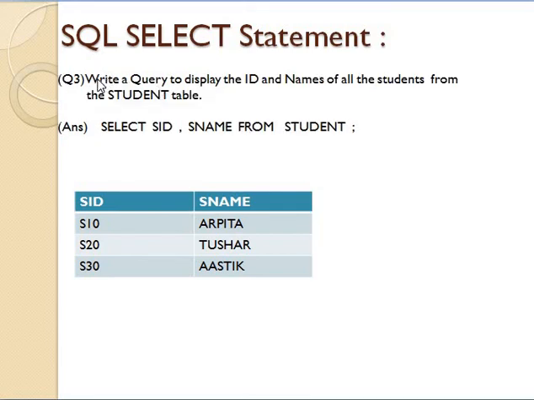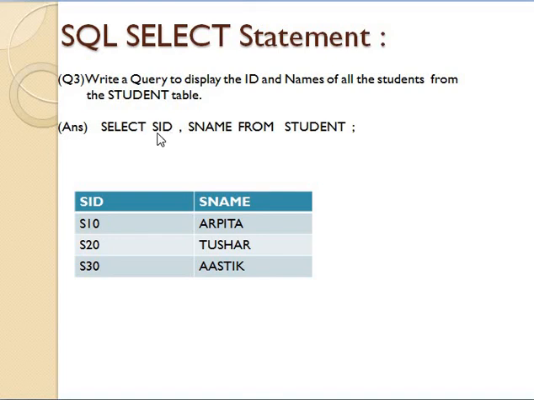Now all of you read this question. It says write a query to display the ID and names of all the students from the student table. Now this query says that you are asked to retrieve the values of only 2 columns, that is ID and names, from the table student. And so for that you have to write the query as like this: select SID, SName from student followed by a semicolon.